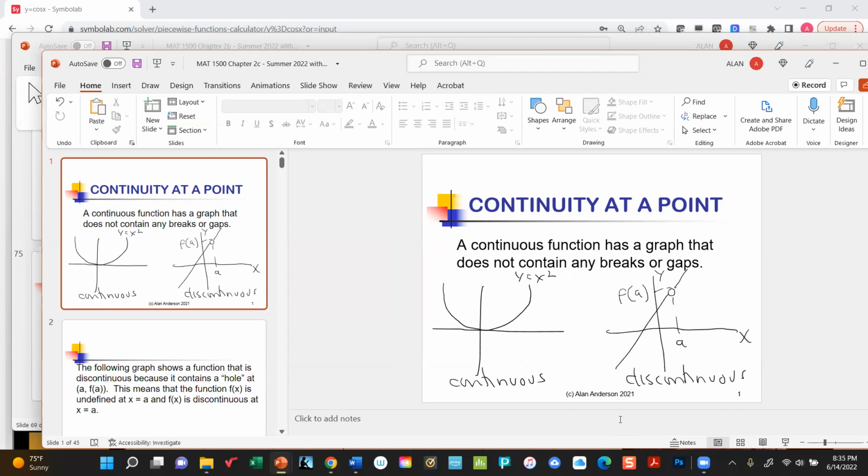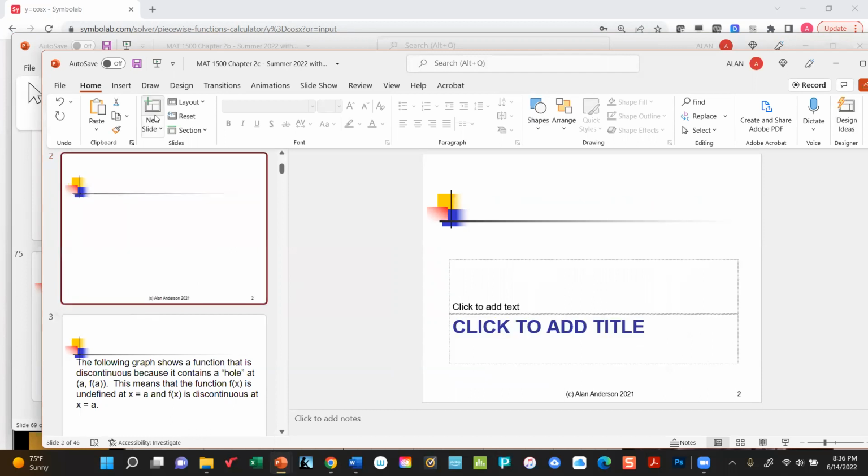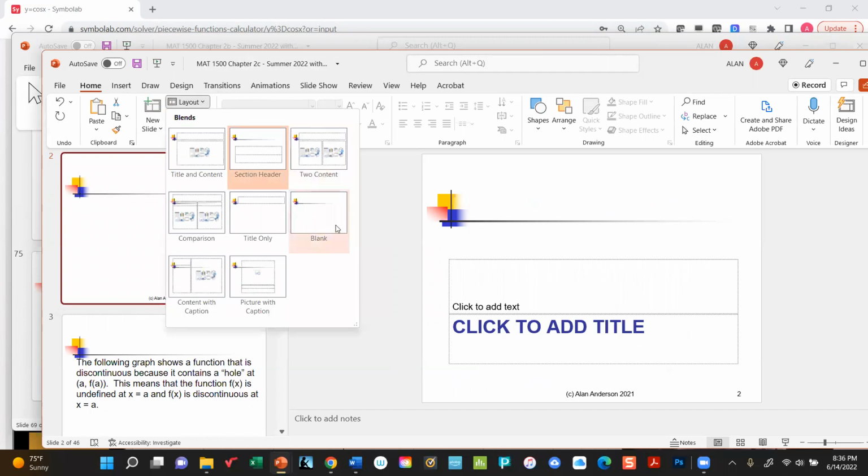Now, as it turns out, there's more than one way of being discontinuous, and we're going to see all three of them. But this is an easy one to explain. Just the mere fact that something is missing makes it discontinuous. Now, by the way, sometimes even with these discontinuous functions, you might see something like this.